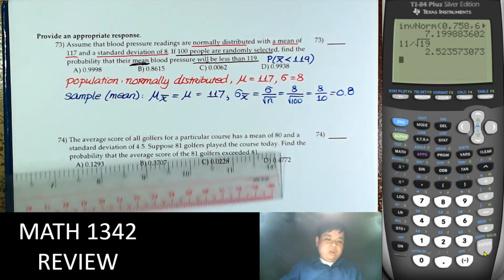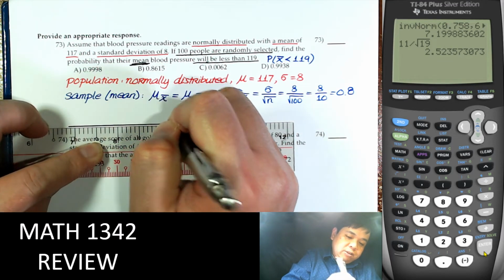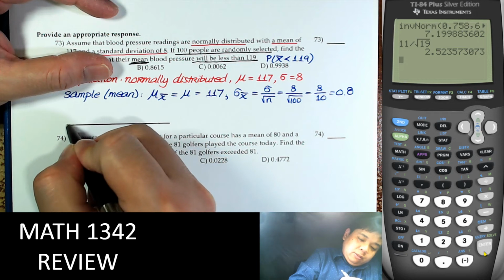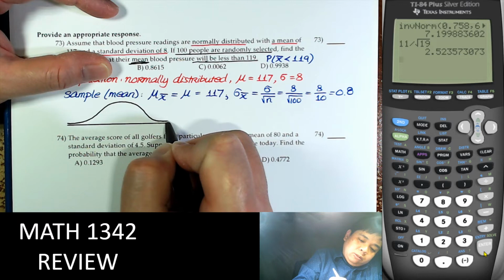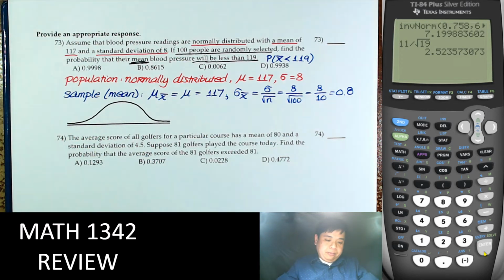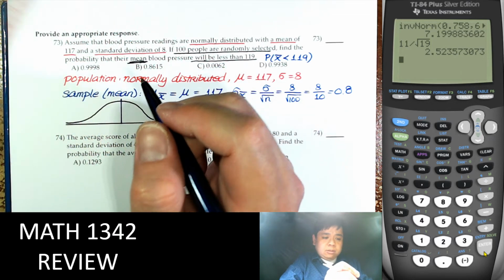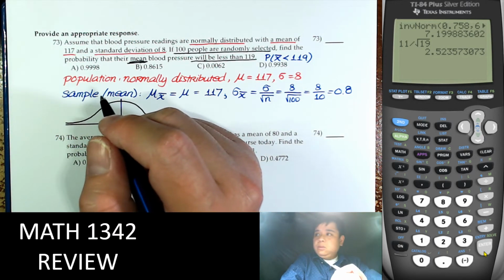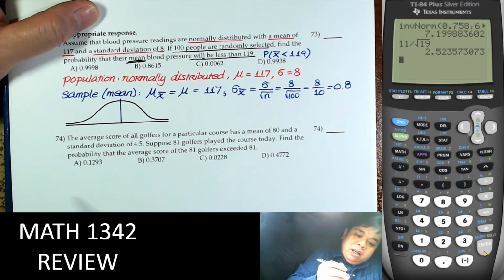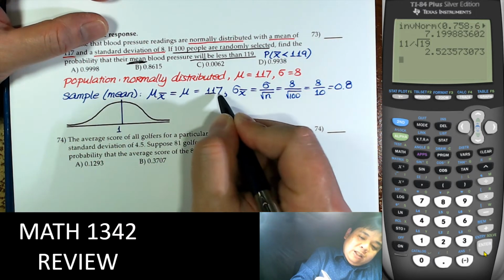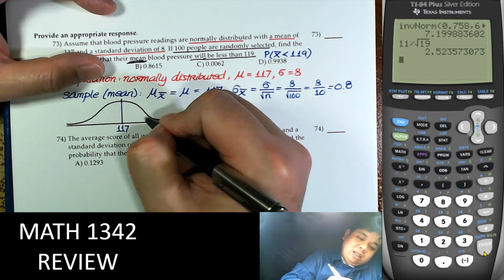So it's still normally distributed, so we draw the normal curve. The mean is 117, and this one we want less than 119.